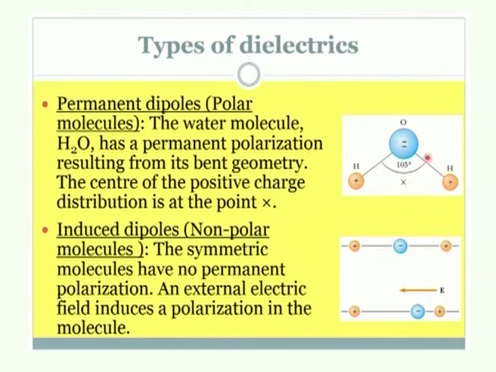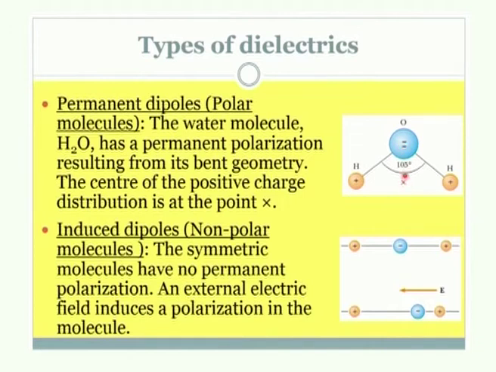The hydrogens have donated electrons to the oxygen, so oxygen has acquired a negative charge. The hydrogen atoms are becoming positive because they have lost the electron. So, the positive charge center is here, the negative charge center is here.